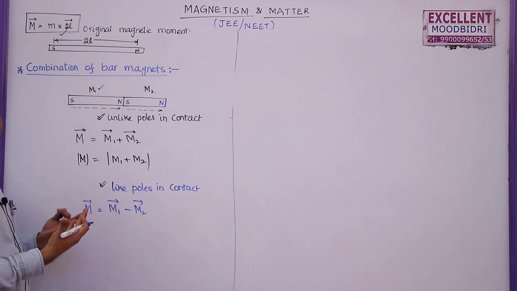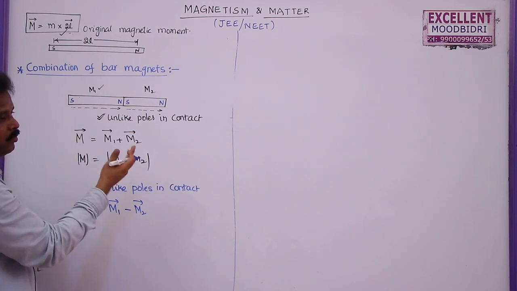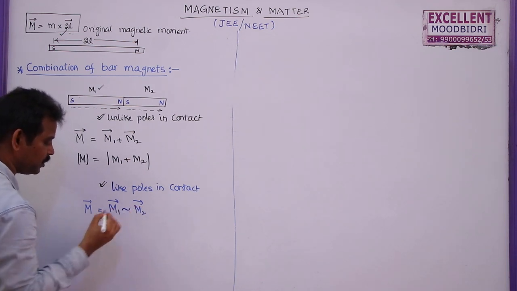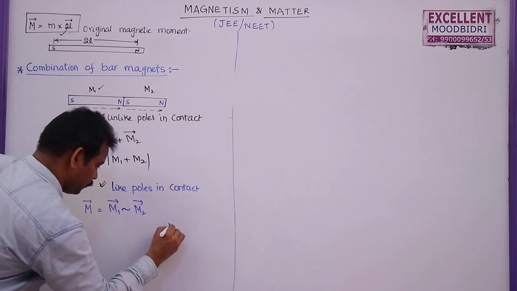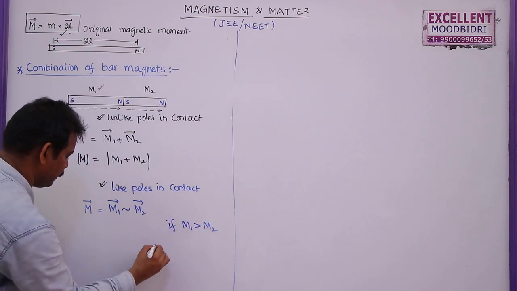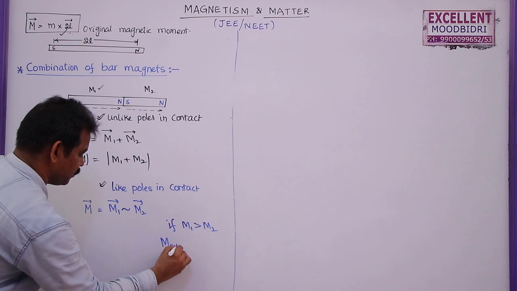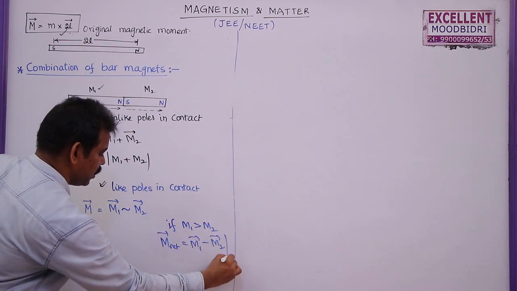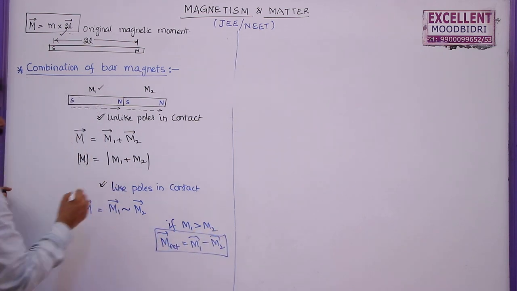But we don't know whether M1 is greater than M2 or M2 is greater than M1, so we can write this as the difference of M1 and M2. If M1 is greater than M2, then M net is given by M1 bar minus M2 bar, with like poles in contact with each other.